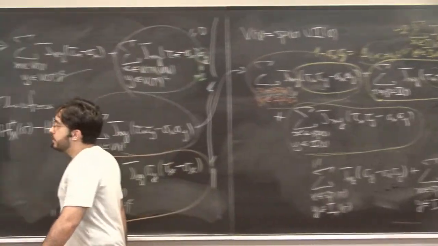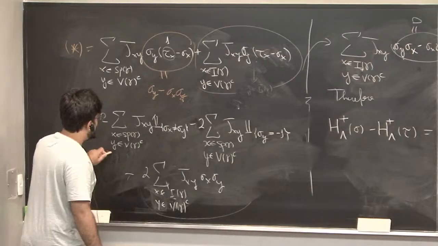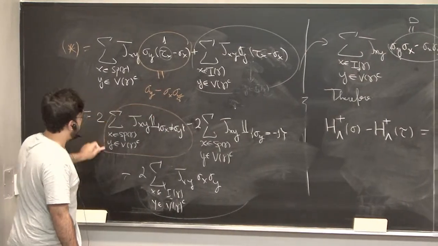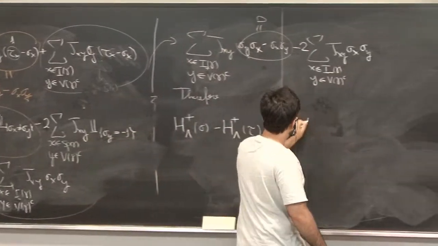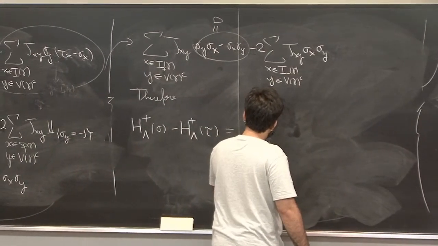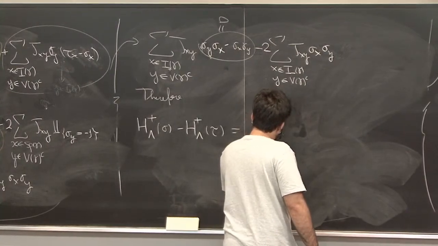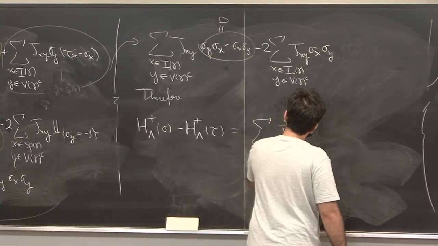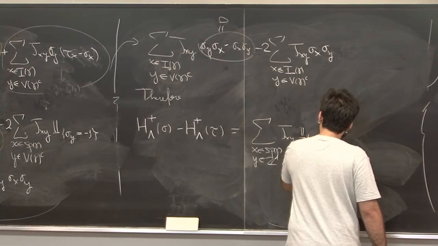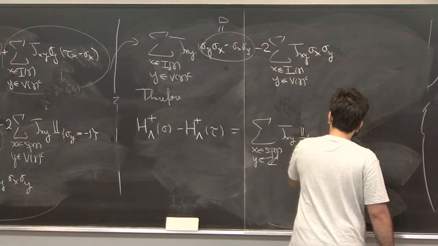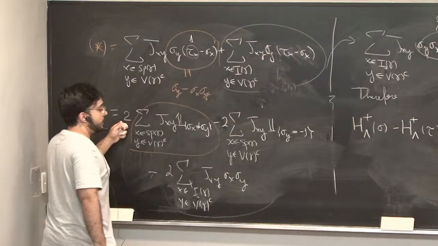And then I sum with this term right here, only one of them, then I will get the sum for every x in the support and y in the volume, jxy, sigma x different from sigma y, plus, now there are 2 terms here.